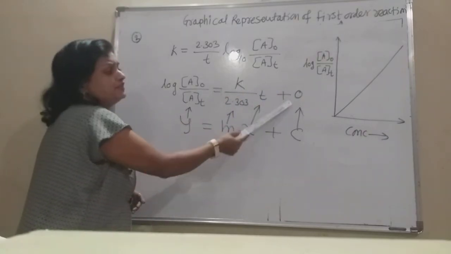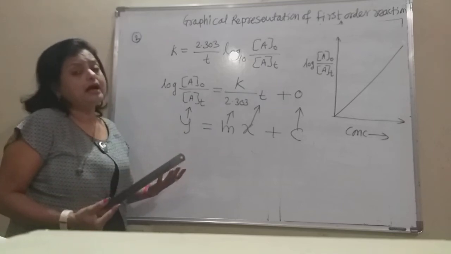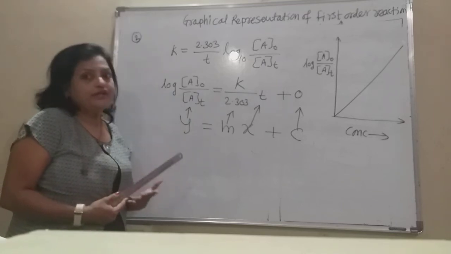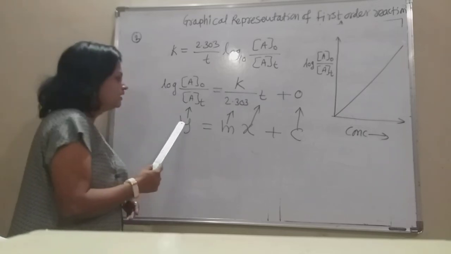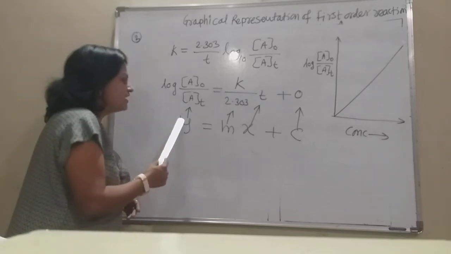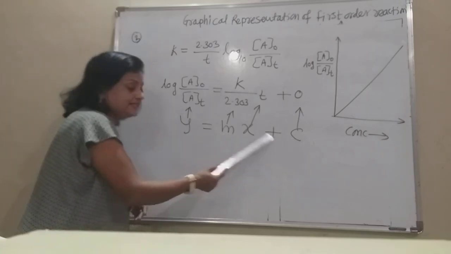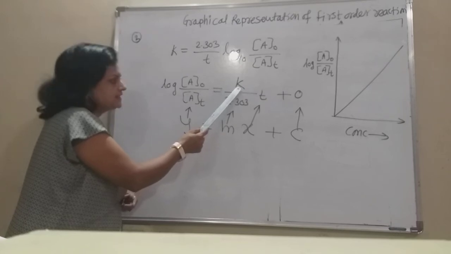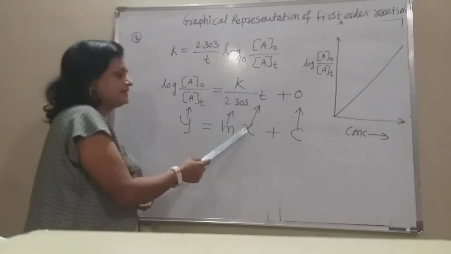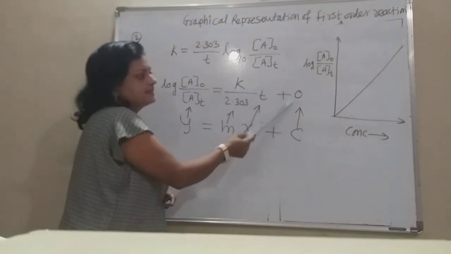As the intercept is 0, definitely the graph is passing through the origin, and this matches with the straight line equation y is equal to mx plus c. Now y corresponds to this, slope corresponds to K upon 2.303, x corresponds to t, and here intercept is 0.